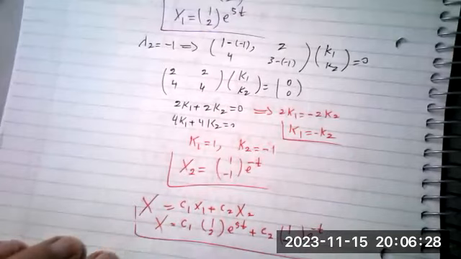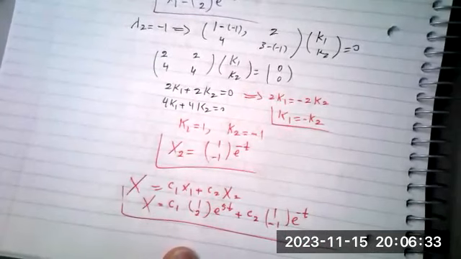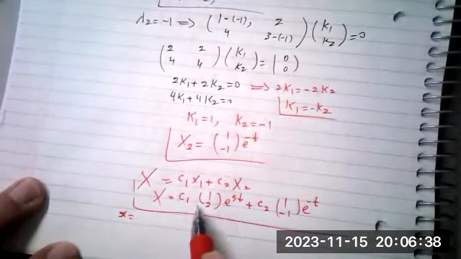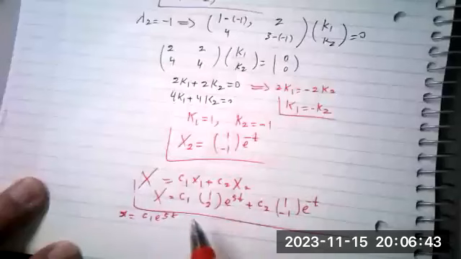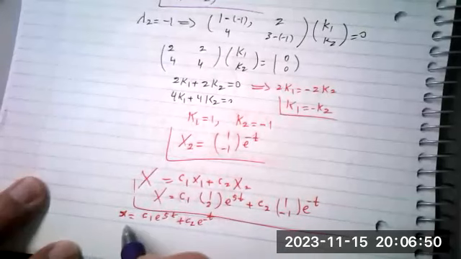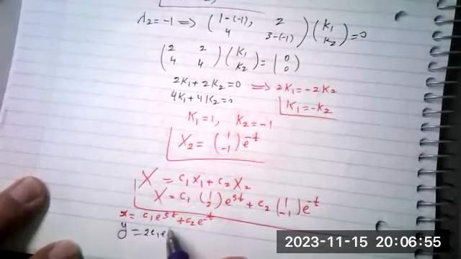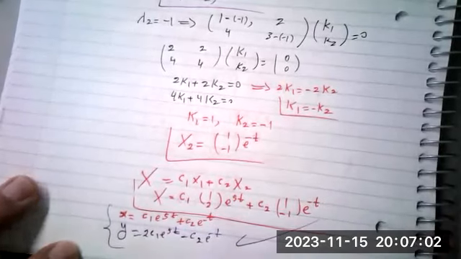So that will be your X. You can pick the components for X and Y. If you pick the first component, X is going to be C1 e to the 5t plus C2 e to the negative t. The second is going to be 2C1 e to the 5t minus C2 e to the negative t. These are going to be the final answer.